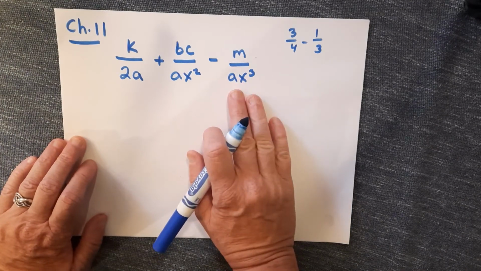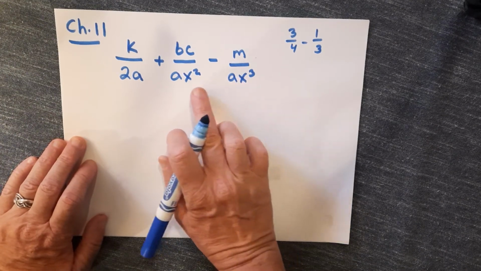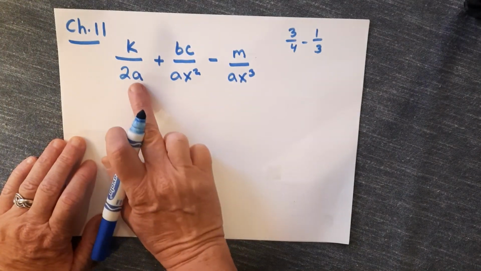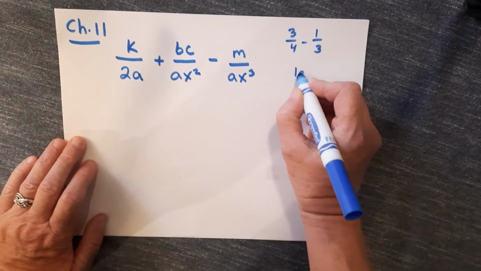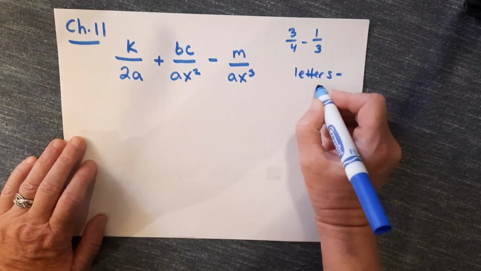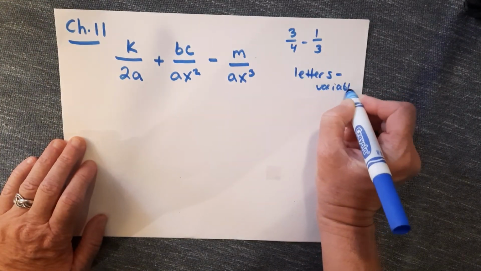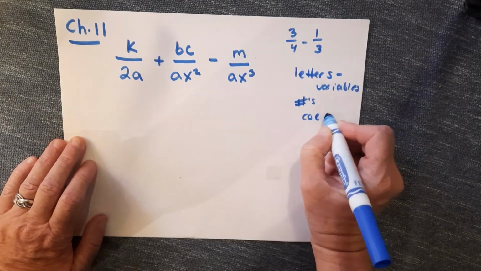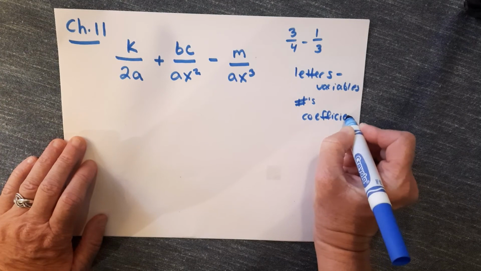The first thing you want to look at is the coefficient of each expression. The coefficient just means the number that is before the letters. The letters are called variables, and the numbers in an expression are called coefficients. Just so that you know what terms I'm using.